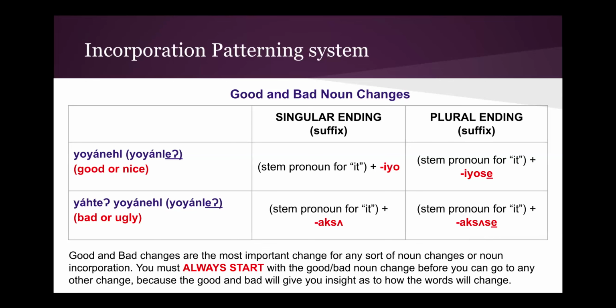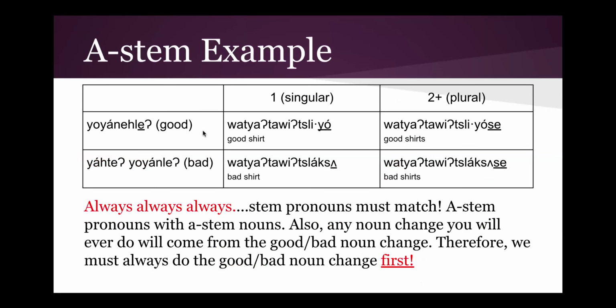And so here's our A stem. The A stem refers to the A stem of this noun, which is, again, the word for shirt. Hadyadawit is just a shirt. So when we want to make it a good shirt, or we want to say that it's a good shirt, we have to do something called noun incorporation.